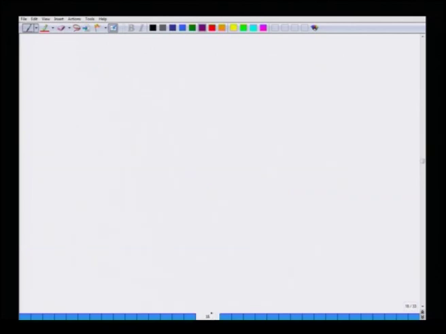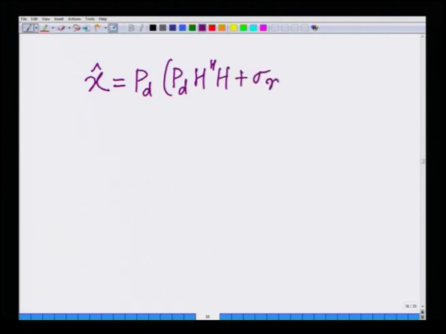What happens at low SNR? At low SNR, let us first write the expression: P_D times h Hermitian h plus sigma n squared I, inverse, into h Hermitian. At low SNR, P_D is negligible compared to sigma n squared.